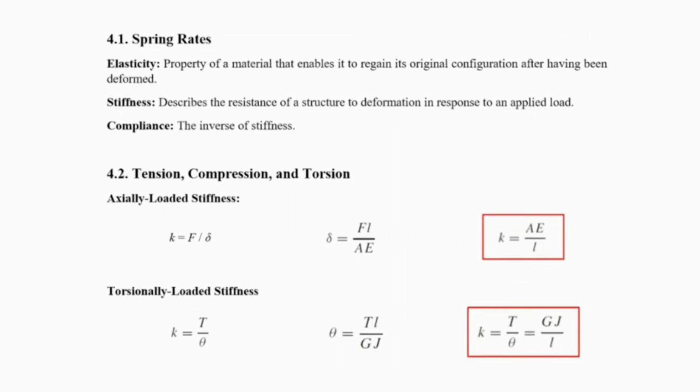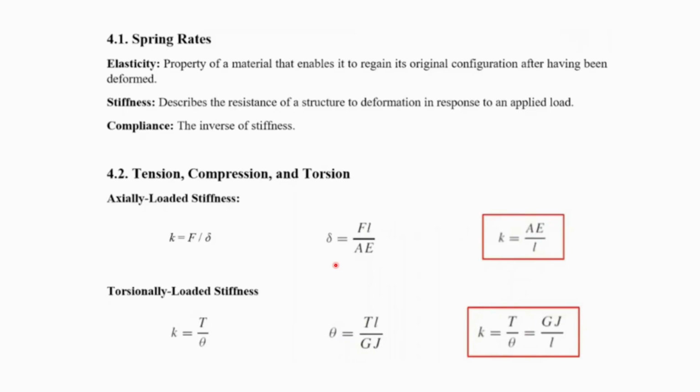For example, here, let me use a laser pointer. So as you can see, this delta represents the axial deflection due to an applied axial force F, and theta here represents the angular displacement, the rotational displacement due to an applied external torque.